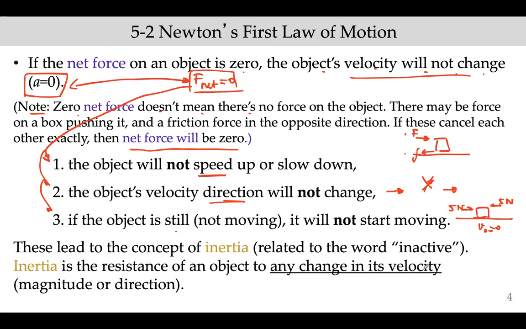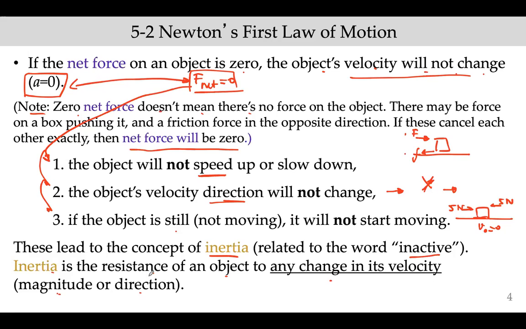Okay, so these lead to the concept of inertia. It's related to the word inactive. Inertia is the resistance of an object to any change in its velocity. When we talk about velocity, we mean both the magnitude and direction. So basically, objects have inertia, which means if there's no net force, they will resist change.